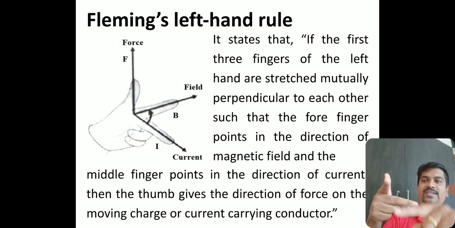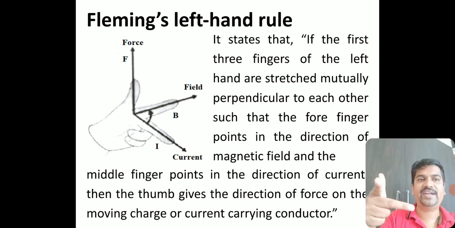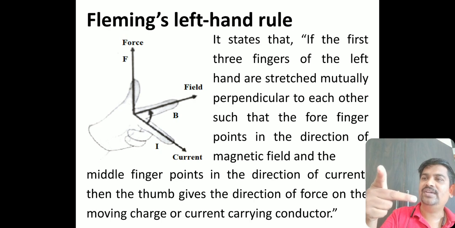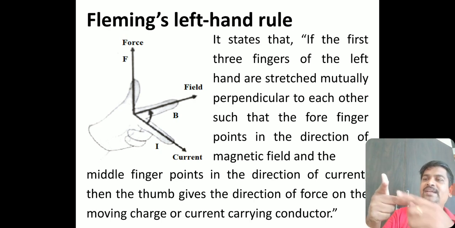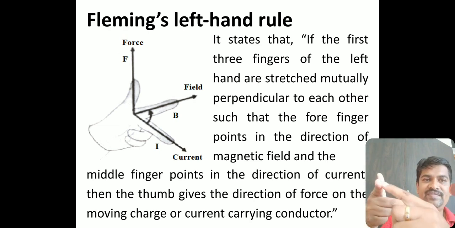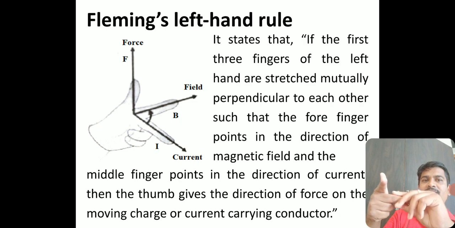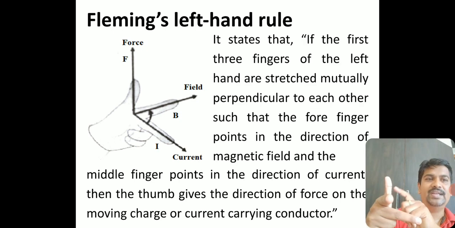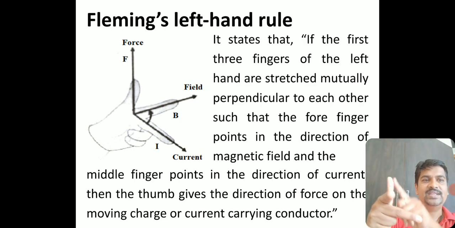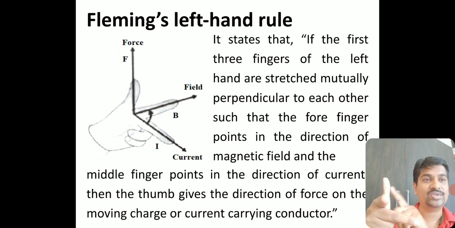If you stretch the first three fingers of the left hand, mutually perpendicular to each other, then the forefinger points the direction of magnetic field and the middle finger points the direction of current, so the thumb will give you the direction of magnetic force. This is the direction of force.